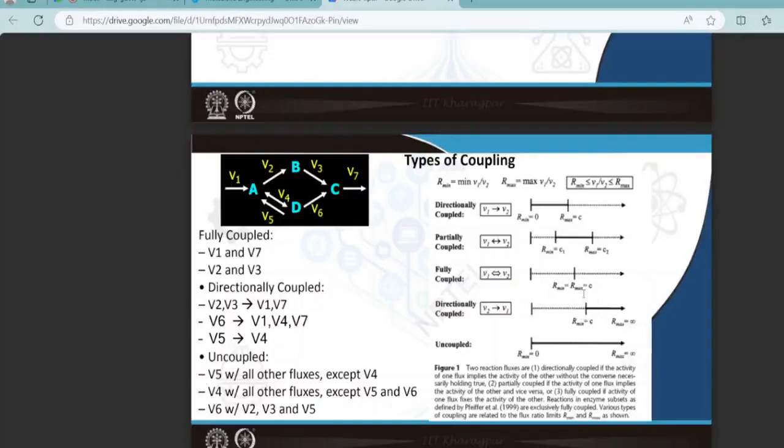In a fully coupled reaction, there is no possibility of one particular reaction being zero because both reactions are dependent on each other. The values of Rmin and Rmax are the same, so there is no range. If one increases, the other flux value also increases proportionately, so the ratio of them remains a constant.